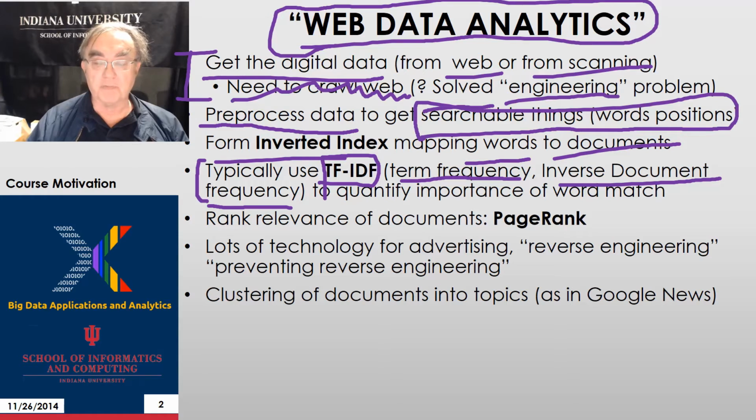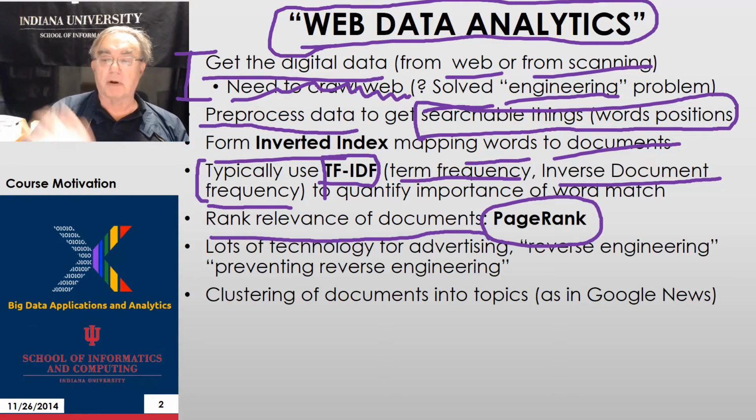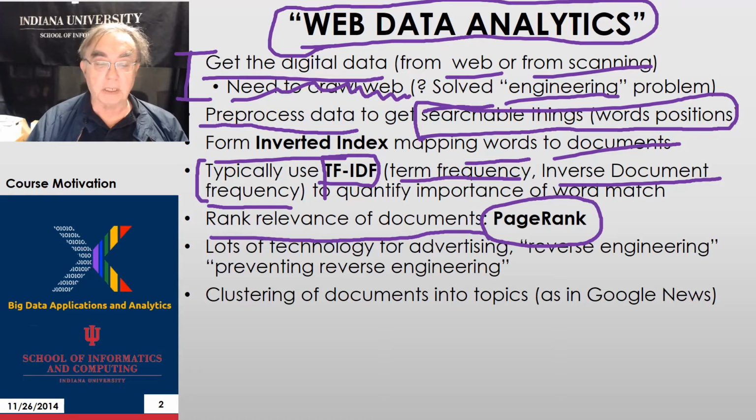Inverse document frequency is how many documents this particular word appears in. TF is how many times the word appears in a particular document. Then we try to look at the relevance of documents, where things like PageRank come in, which effectively counts how often, and in what fashion, a particular page is pointed to with links. Of course, you could, in principle, also look at it. You probably have data on how many users access this site.